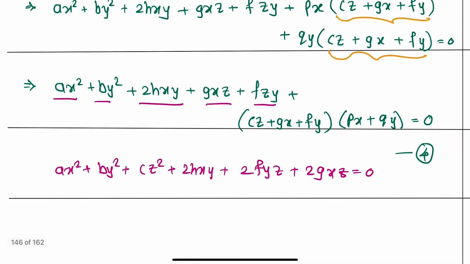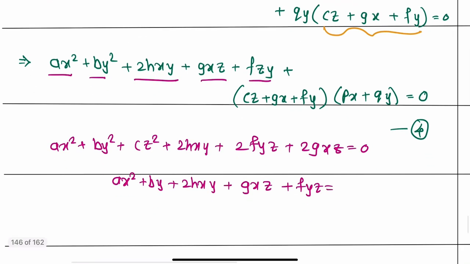Now see this equation; can I write it as ax square plus by square plus 2hxy plus gxz plus fyz equals minus cz square minus gxz minus fyz?